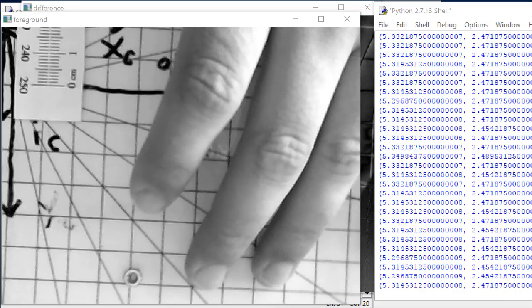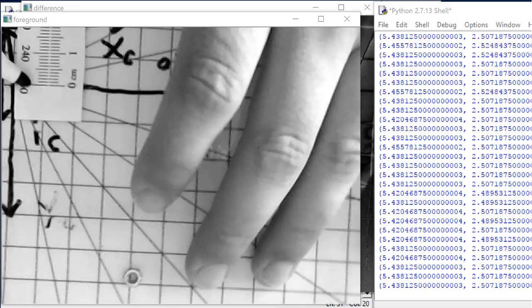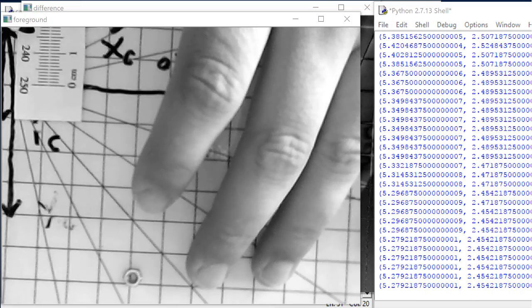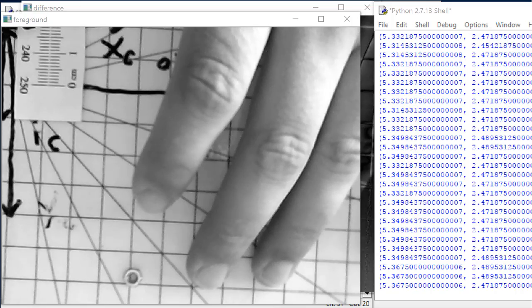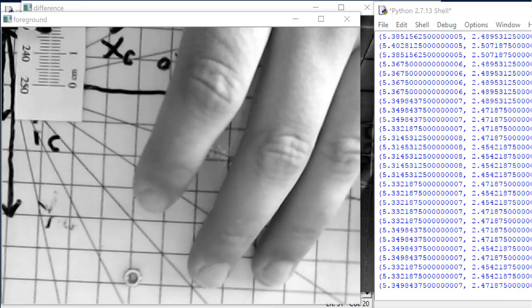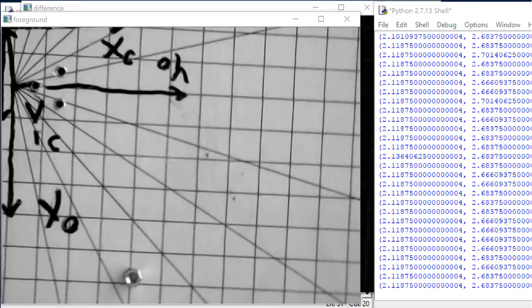What I'm trying to measure is the distance from here up to the center of the camera frame, which is up here, right there. So that's 1 centimeter, 1.5, 1.6, 1.7, about 1.8. And notice that that's actually in the negative x direction. So negative 1.8 in x.